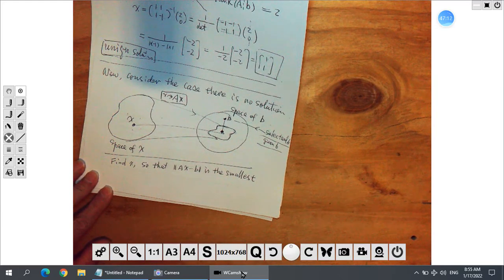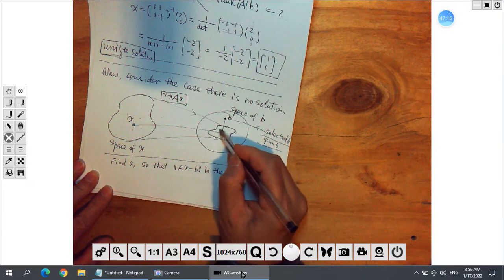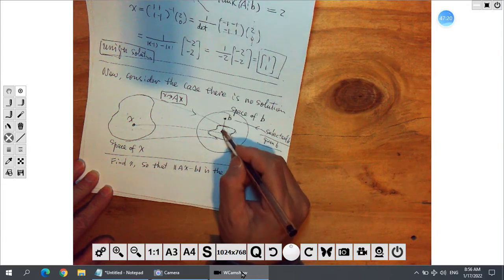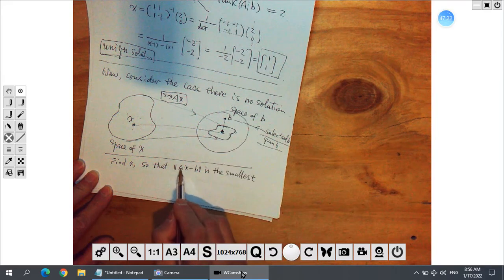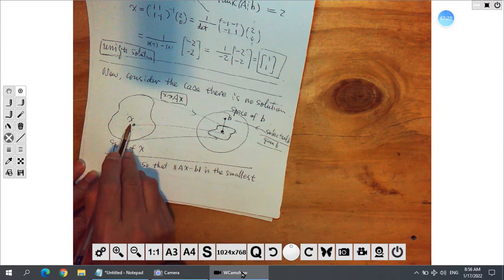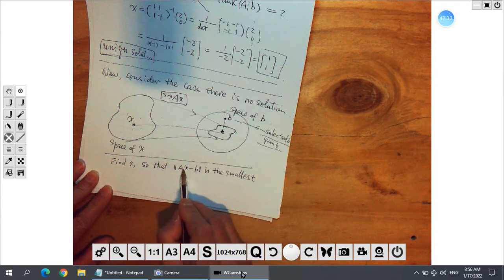Make sense? You choose different X, it will locate at a different point here. And then from B to that AX, you have a distance. You choose this X so that B and that point AX have the smallest distance.